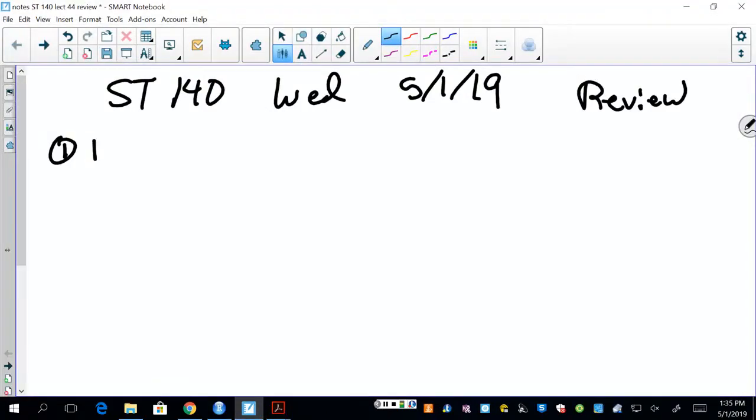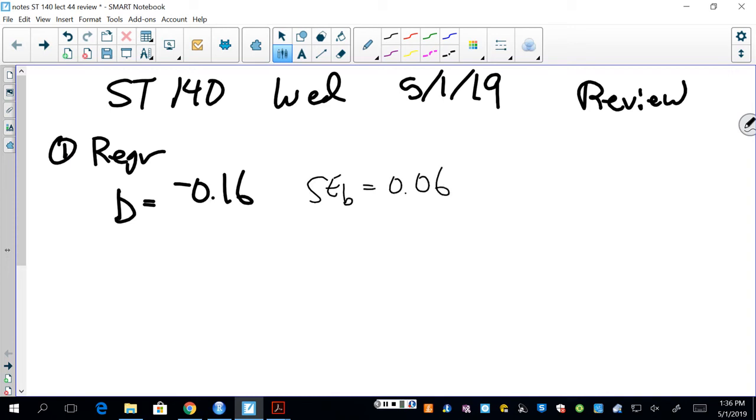So the first one, we're looking at this regression problem. And so out of that information, the slope is negative 0.16, and the standard error for this is 0.06.